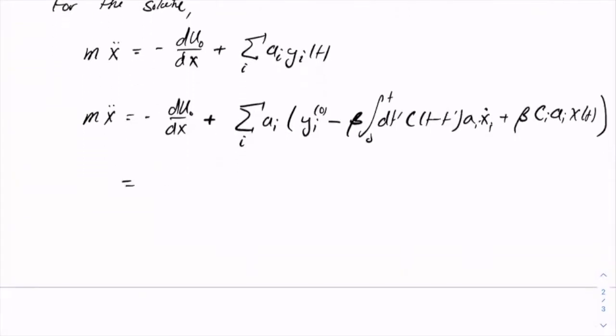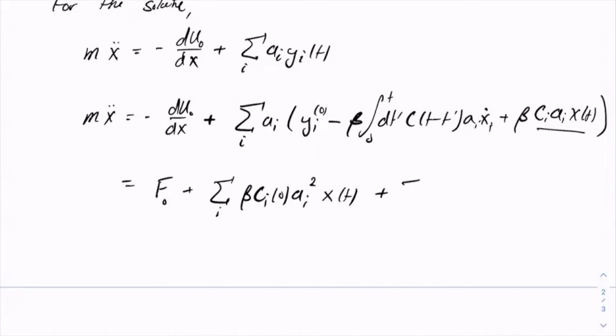So, wrapping this up, or simplifying it, I have some reference force on the solute. I have plus beta Ci at 0 AI squared x of t. That's from this term.